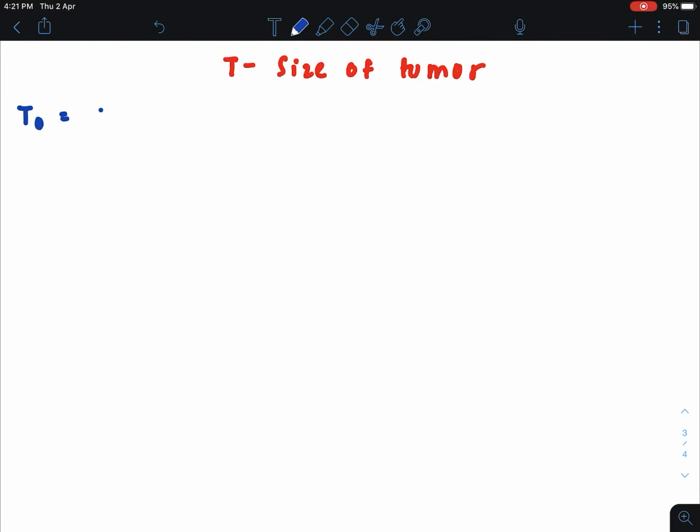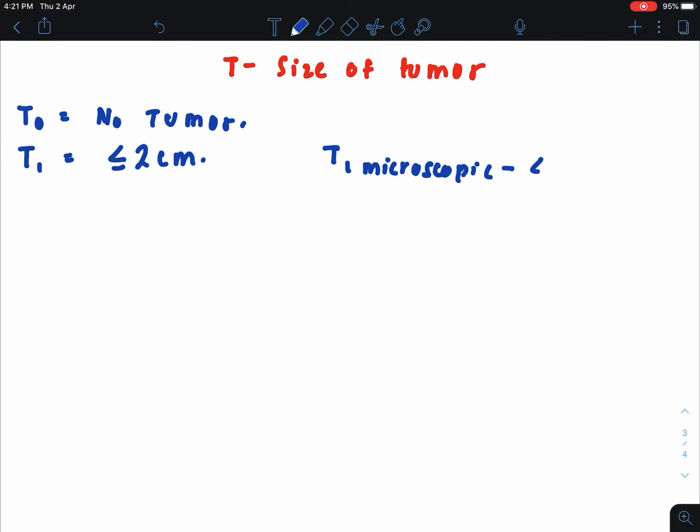T0 means there is no tumor. T1 represents the size of tumor is less than or equal to 2 cm. T1 microscopic represents the size of tumor is less than 0.1 cm. T1A represents the size of tumor between 0.1 cm to 0.5 cm.